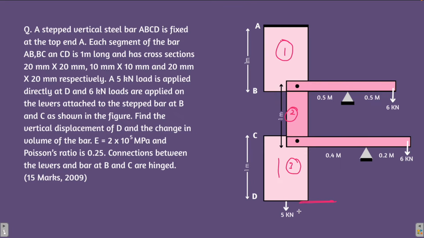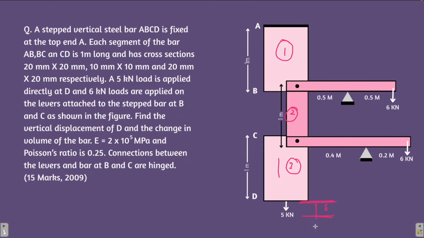You will get the deflection of point D, right? Change in length of AB plus change in length of BC plus change in length of CD will give the total change at point D, and that will be the deflection of point D. That should be our approach.